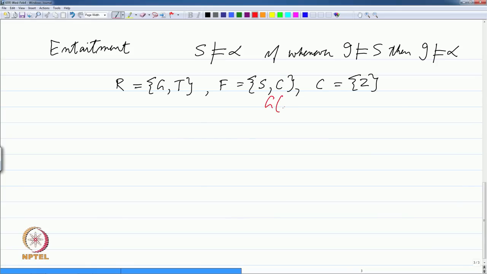Now, I can say for example, G, assuming that it is of arity 2, of X and S of Z. I can make statements like this, and these are formulas in my language.